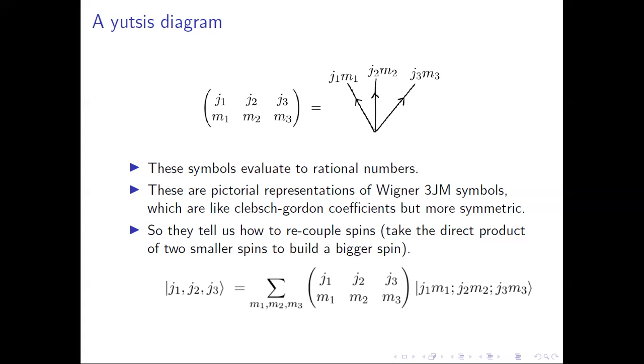The j's give you the total spin of the spaces involved, so spin 1, spin 3/2, whatever else. And the m's determine the magnetic index. So for example, if you have spin 1, you have 3 different magnetic indices you might have: 1, 0, and -1. And the same thing goes for the other spins.